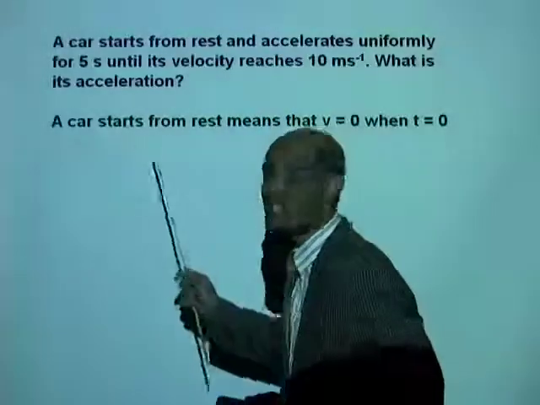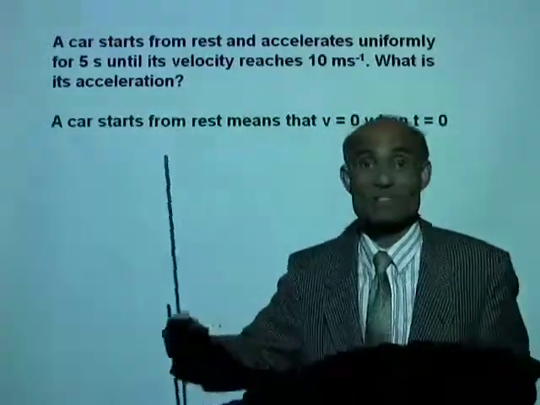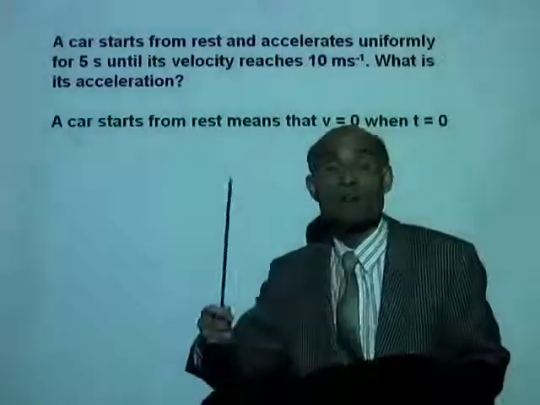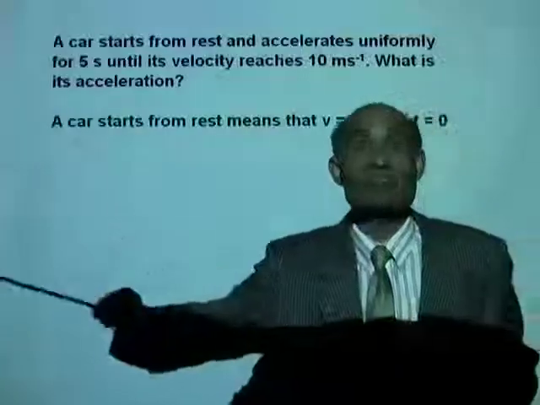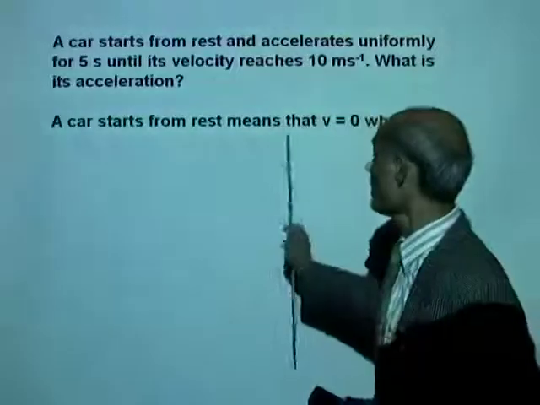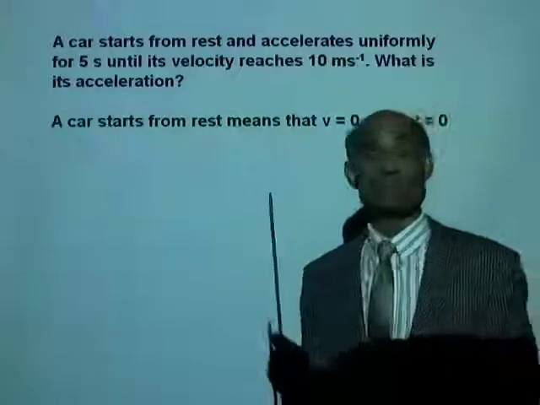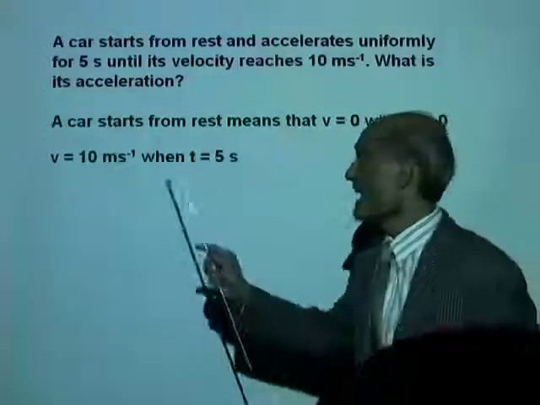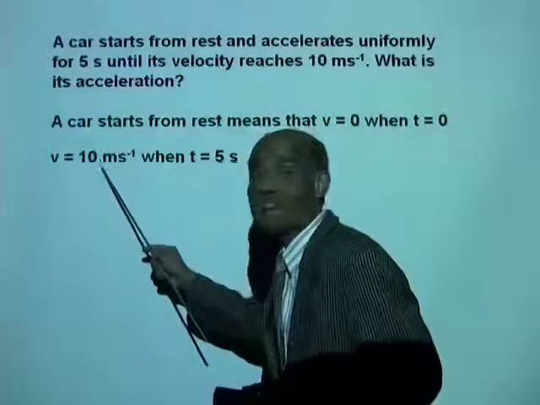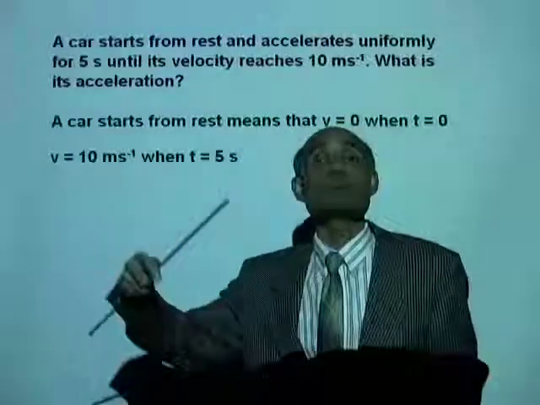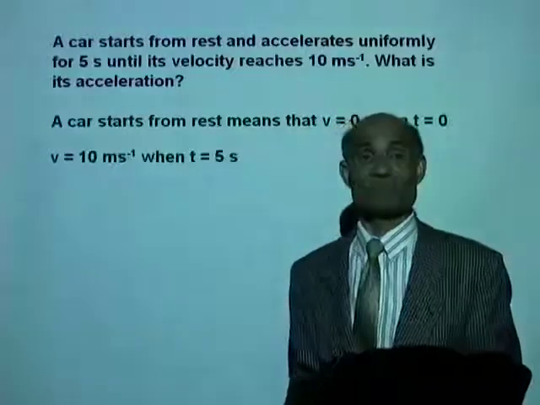Now, a car starts from rest means that its velocity equal to 0 when you start counting your time. Or we say v equal to 0 when t equal to 0. And v equal to 10 meters per second at the end of time 5 seconds.